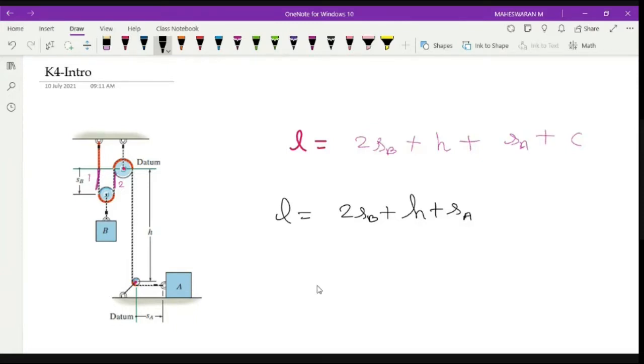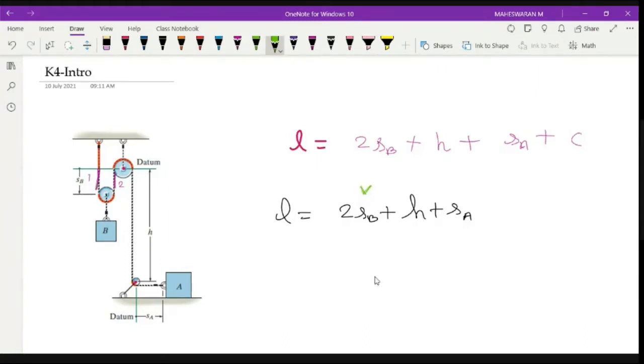Now look here. Which are the variables and which are the constants? Your SB is a variable. Variable means if this block is moving, your SB value will change. If it is 10 mm, when this block moves a little bit, it will not be 10 mm, it will be 11 mm. So this is a variable.